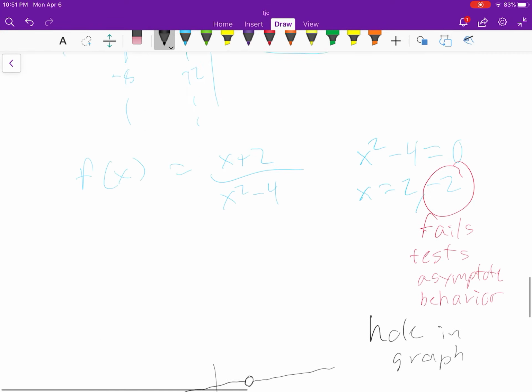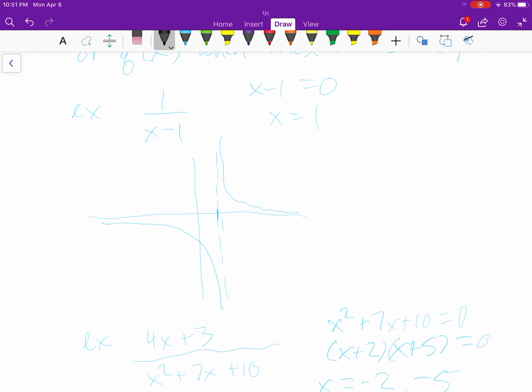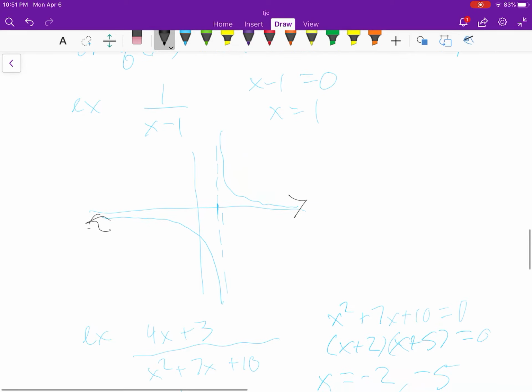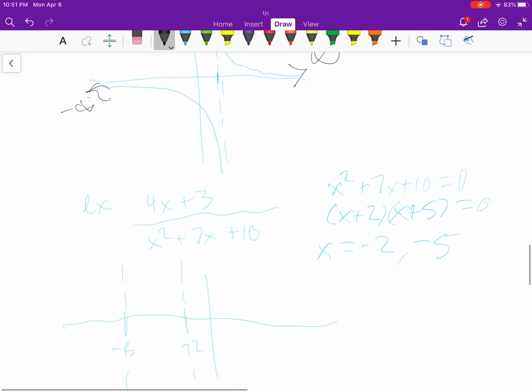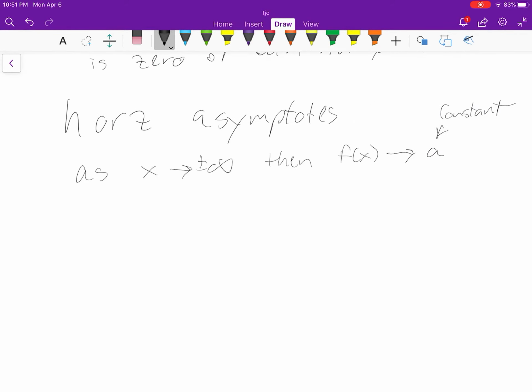So an example with a simple case up here is as x goes to infinity at the ends, over here and over here, positive infinity here and negative infinity there, your f of x is approaching 0, which is a constant. So it's not going to infinity. That's when we have horizontal asymptotic behavior.